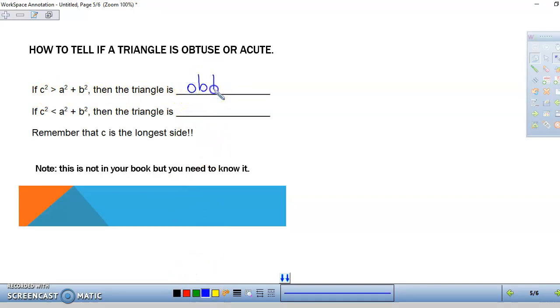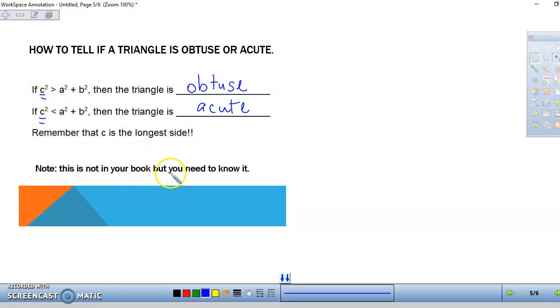And that's easy to remember because an obtuse angle is larger than a right angle. So if c squared is larger, then it's obtuse. If c squared is smaller, then it is acute. Again, using the converse, I would put the c squared first.